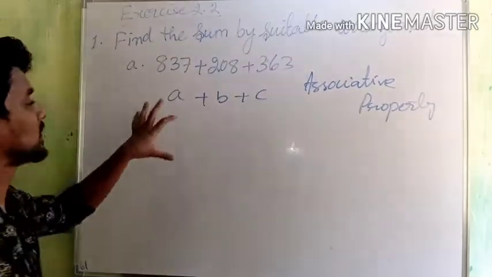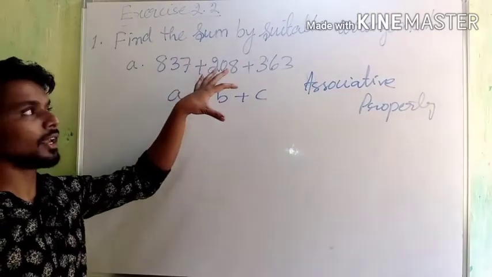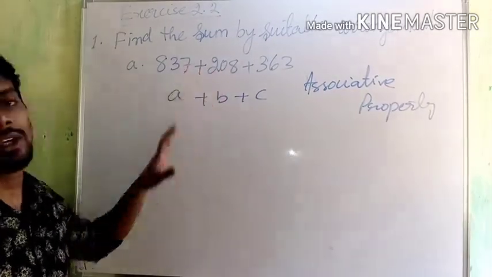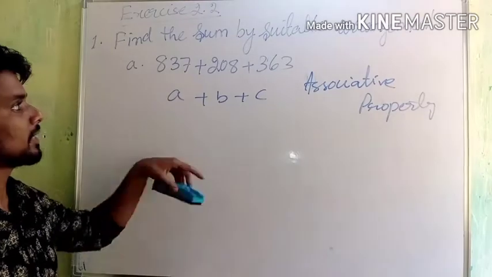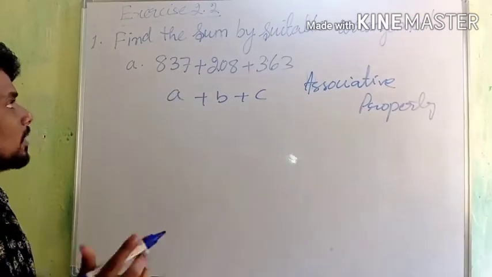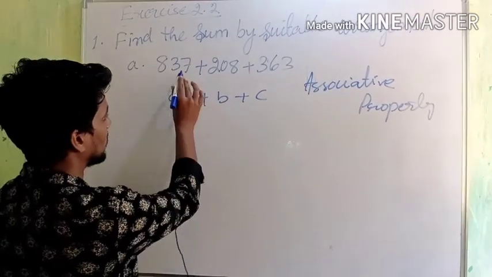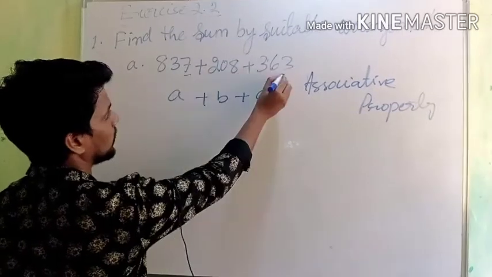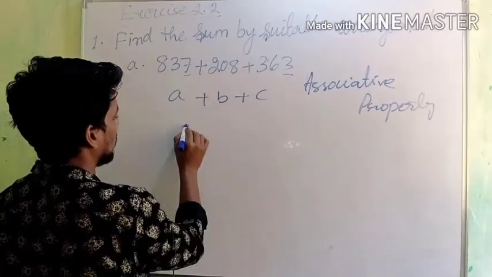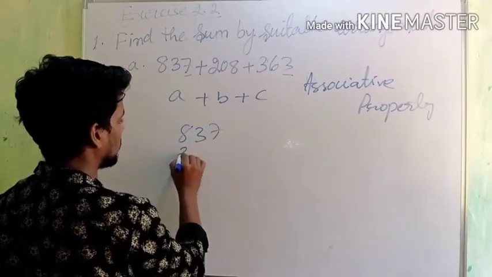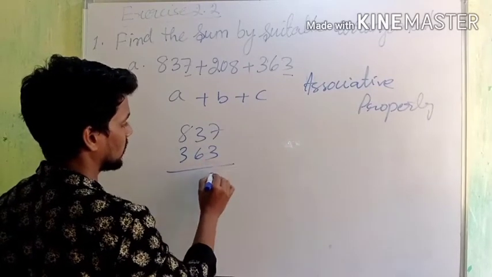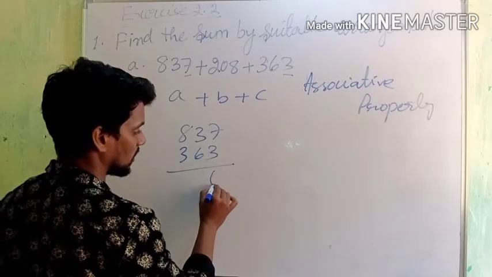I'll arrange in such an order that I'll get a 1000 here, so when I add the third number, it will be easy for me. When I see 837 and 363, 7 plus 3 is 10.